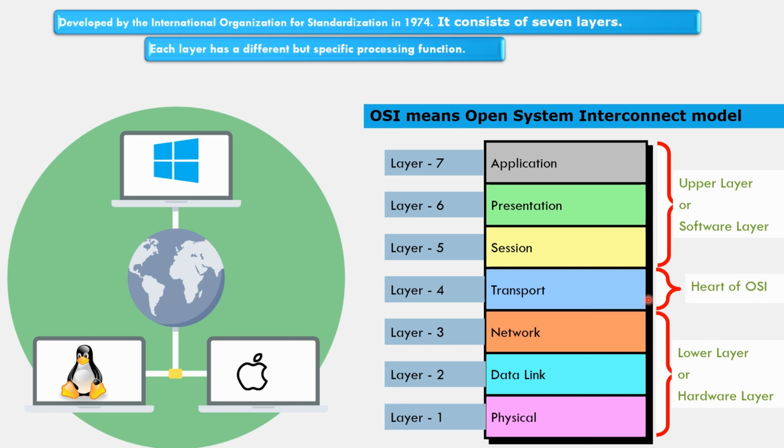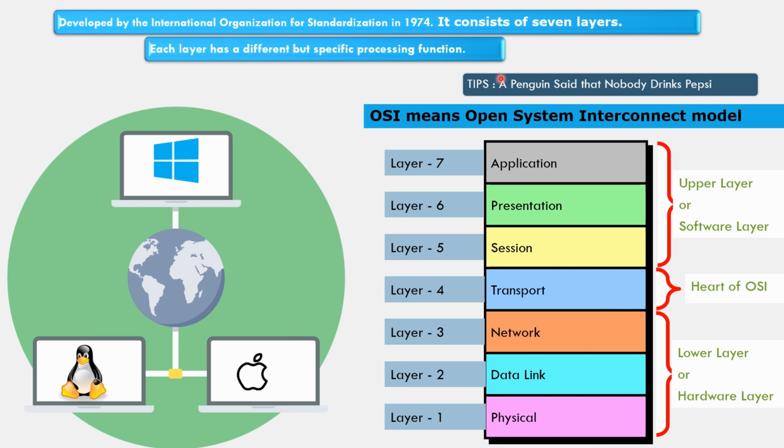As already explained, the transport layer is the heart of the OSI layers. Here is a simple tip to remember the 7 layers: "A penguin said that nobody drinks Pepsi."